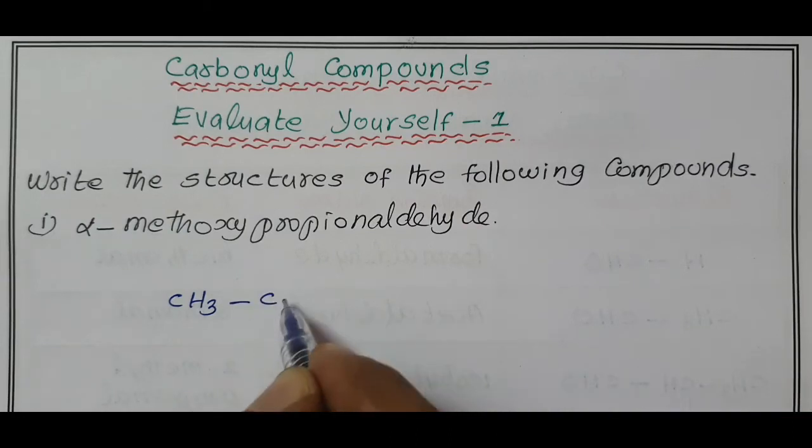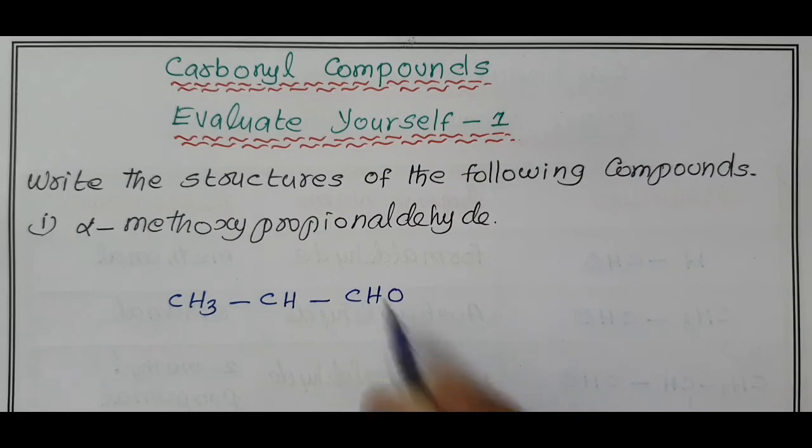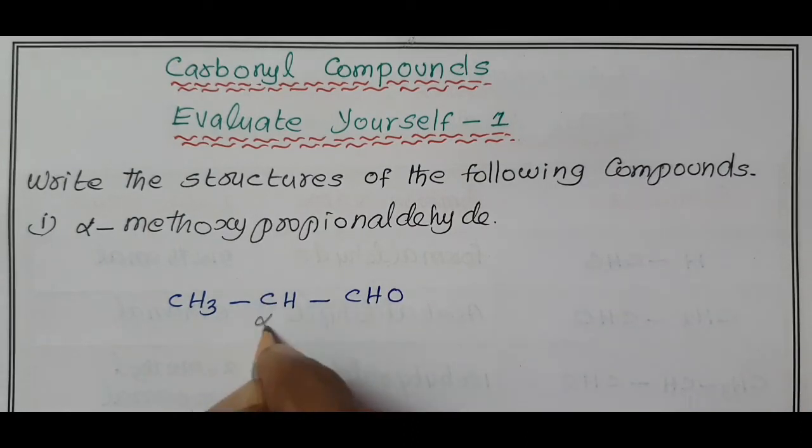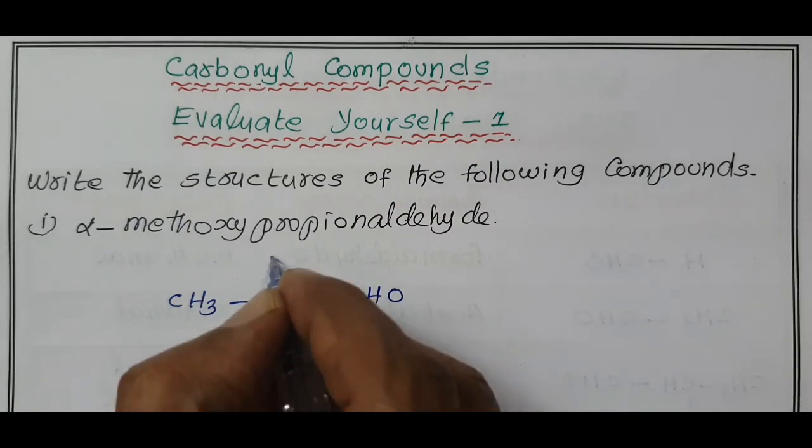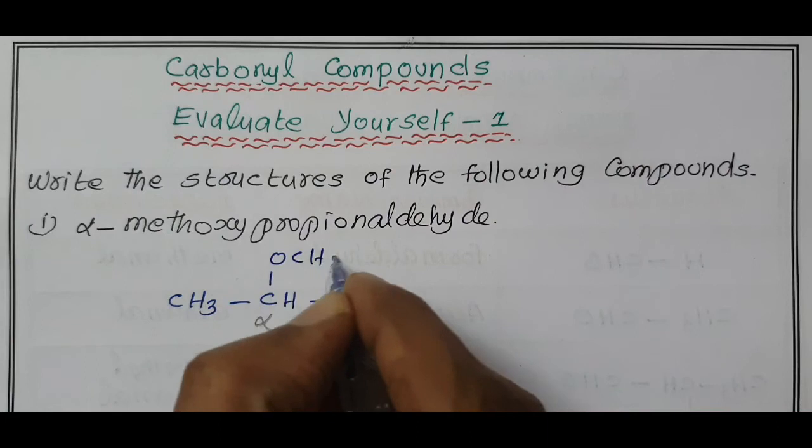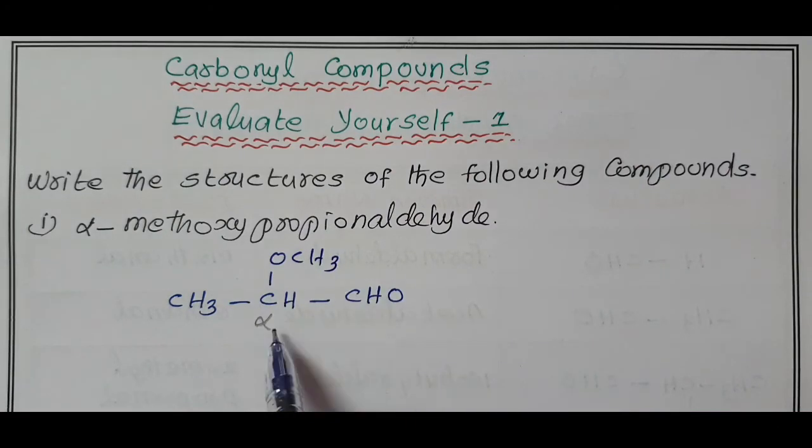In the 3 carbon atoms, the CHO attached carbon atom is the alpha carbon. In this alpha carbon, one hydrogen is replaced by methoxy. This is your alpha methoxy propionaldehyde: 3 carbon, functional group attached carbon alpha. One H from the alpha carbon is replaced by methoxy, alpha methoxy propionaldehyde.